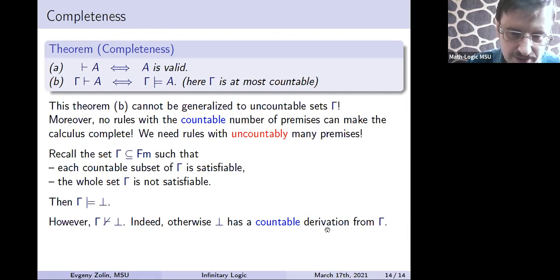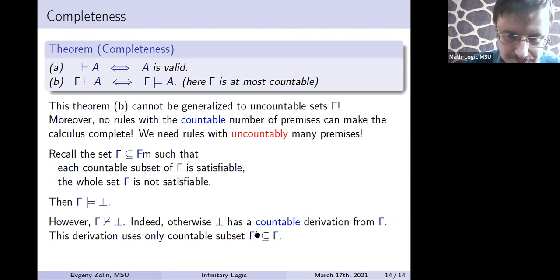But a countable derivation uses only countably many formulas from gamma, some subset gamma prime. So gamma prime derives bottom, and then gamma prime implies bottom. But we know that gamma prime does not imply bottom, because any countable subset is satisfiable. So there are evaluations that make gamma prime true, and therefore this countable subset does not semantically imply bottom.